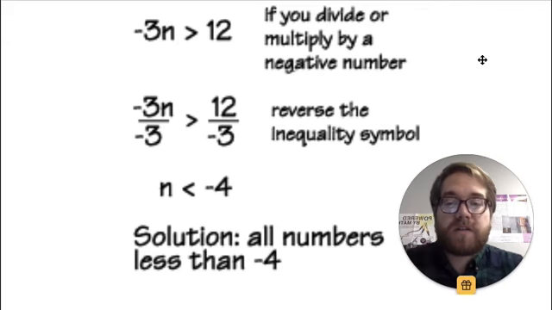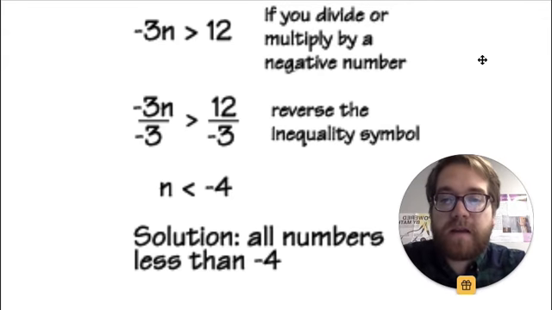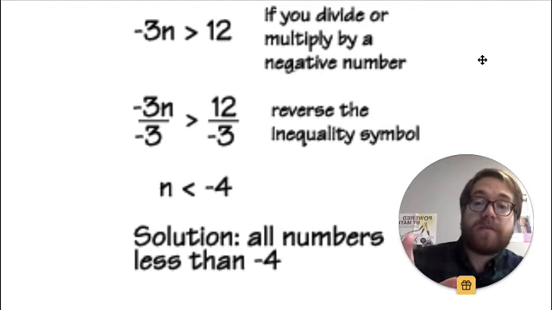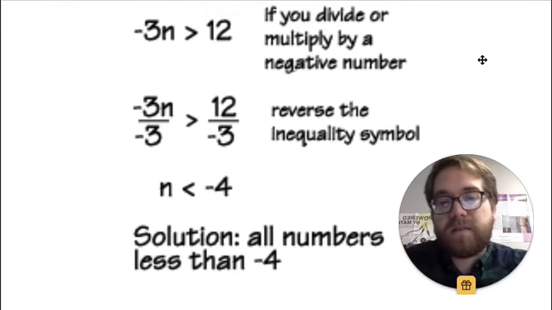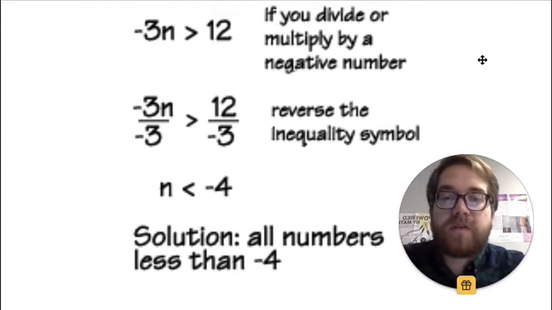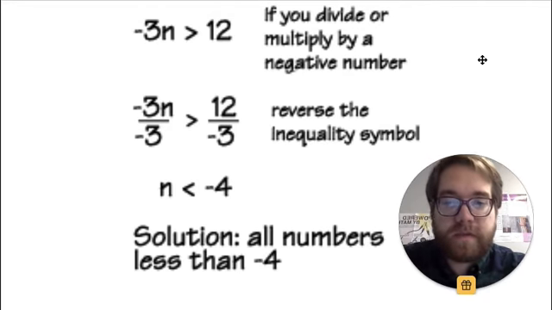Okay? So make sure that it's staying correct and that it's accurately displaying what our solution is going to be. So that's what we're going to look at today. If you divide or multiply by a negative number, you reverse the inequality symbol.